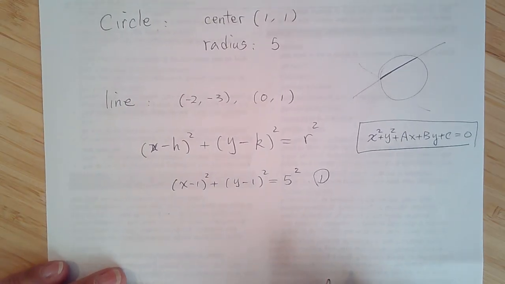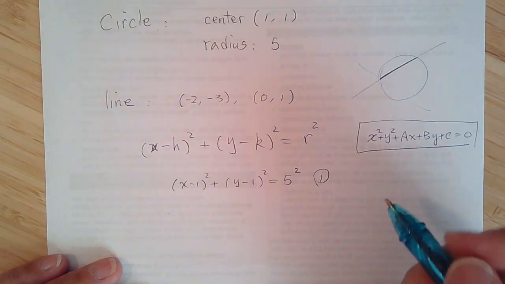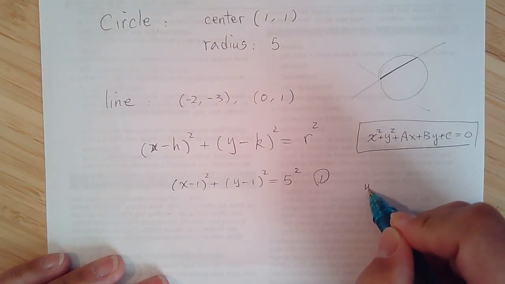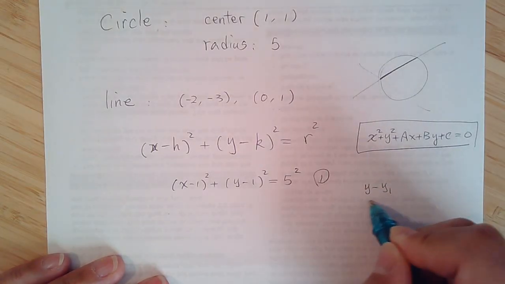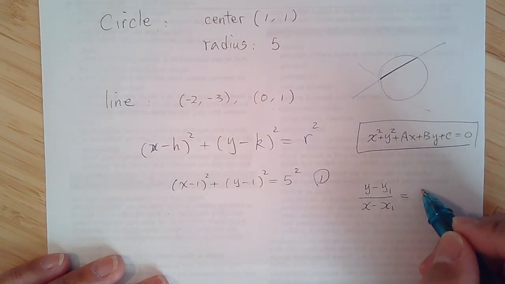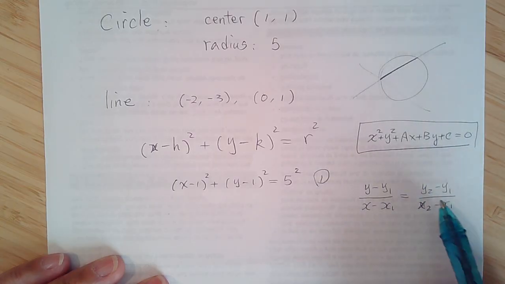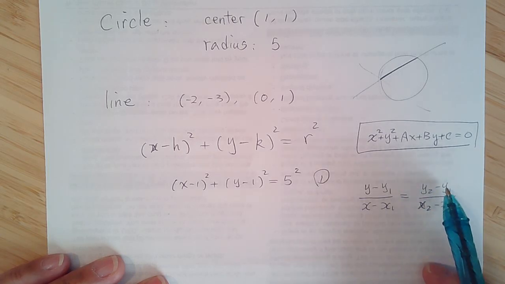And what about the equation of the line? Because we have a point and a point, that should be (y minus y1) over (x minus x1) equals (y2 minus y1) over (x2 minus x1). This is the difference in y over the difference in x, or rise over run.